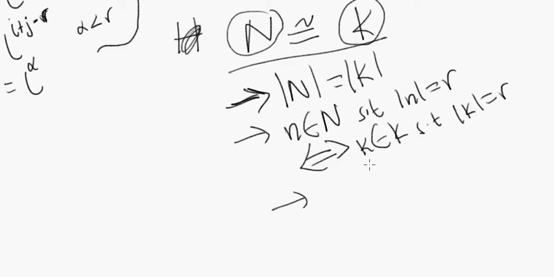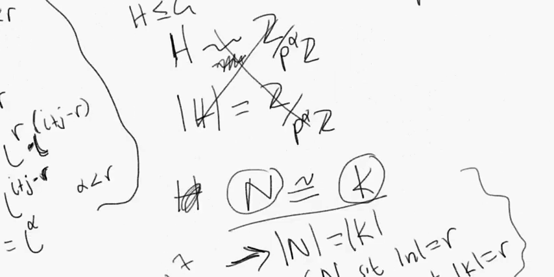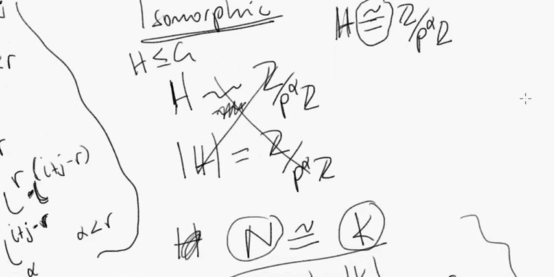And another similarity might be the number of elements of some order: if we have 3 elements in N that have order 7, then we also want K to have 3 elements that have order 7, etc. So why would this notion of similarity be of interest to us? Let's think about it before we even decide if we need to go there.